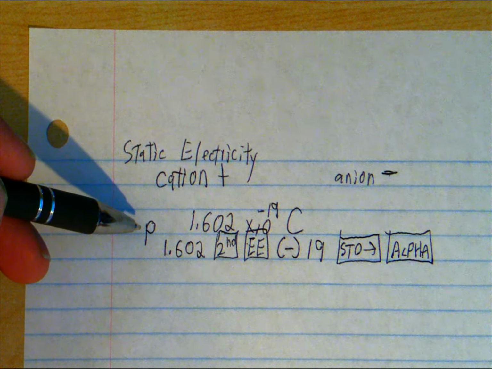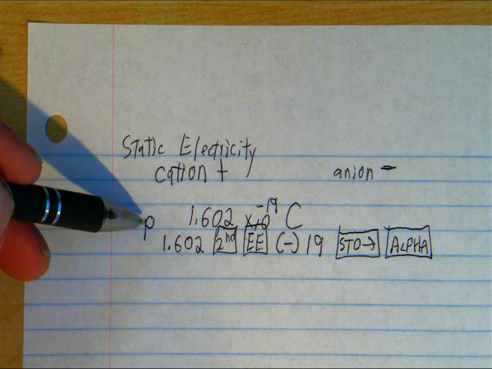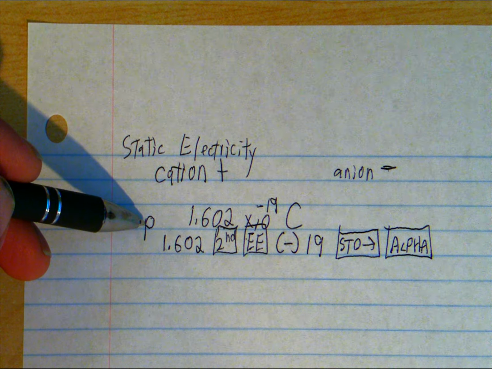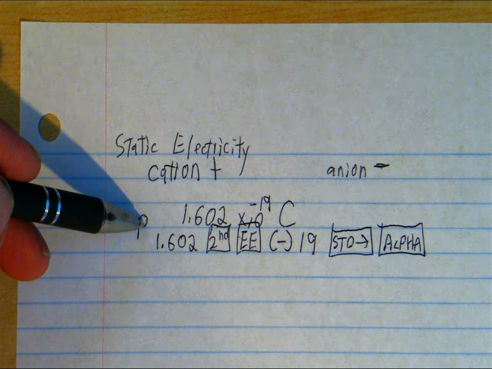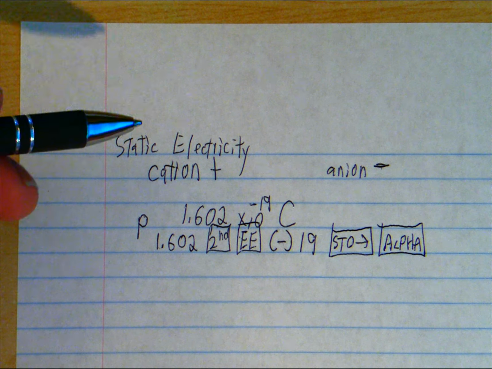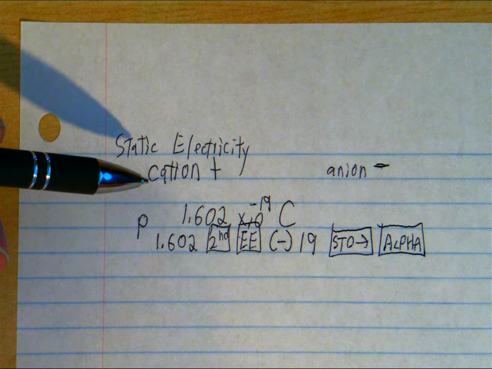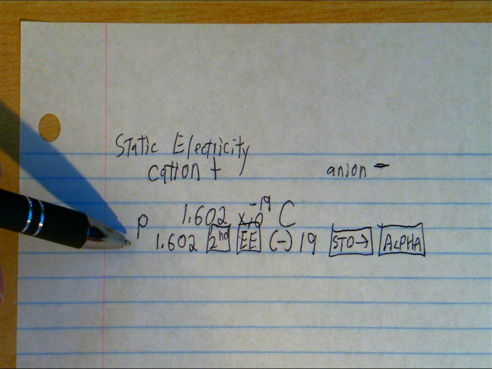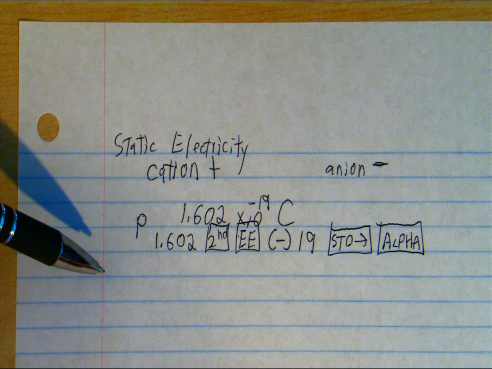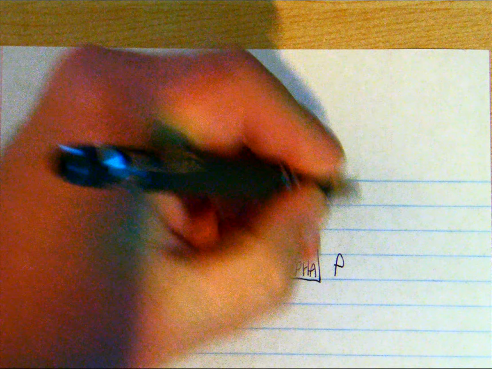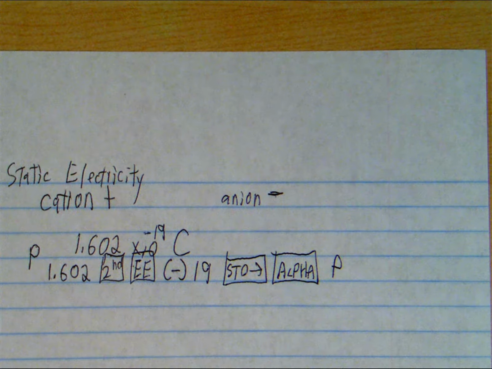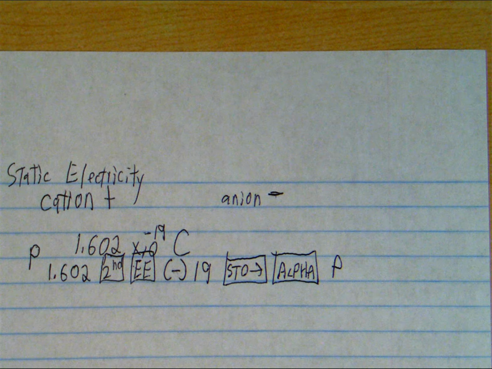Well, you have some choices here, right? You can use the letter P for proton. You could use C for charge, which I don't recommend. You could use E for electron, which I also don't recommend. So I will suggest that you use the letter P, which on a TI is above the number 8 key.